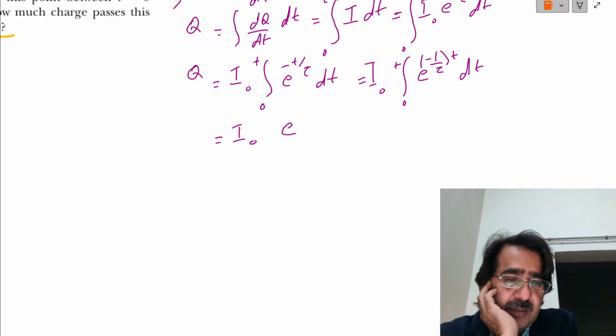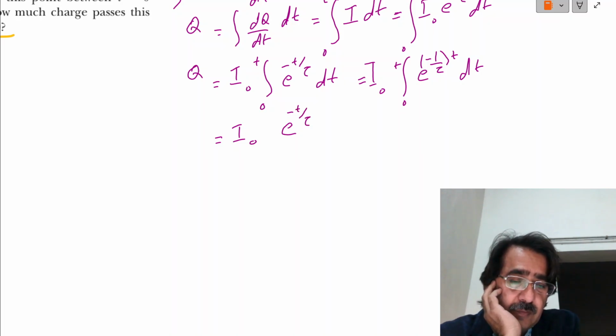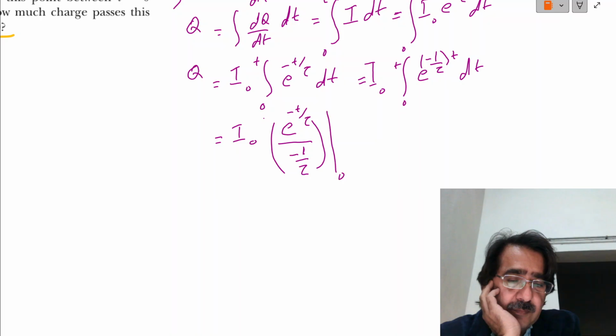So we may write it this way: I naught times exponential of minus t over tau, divided by minus 1 over tau, with the limits from 0 to t.